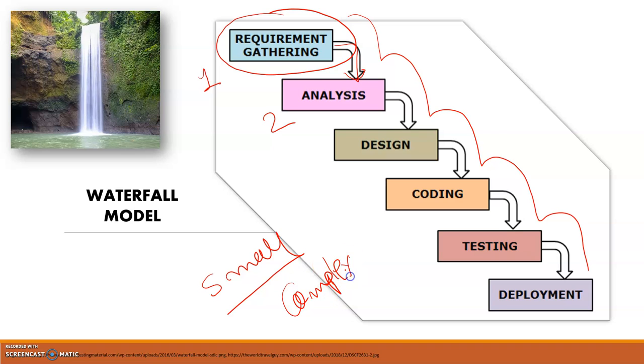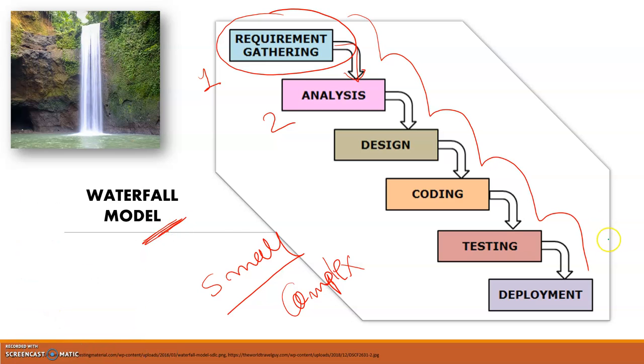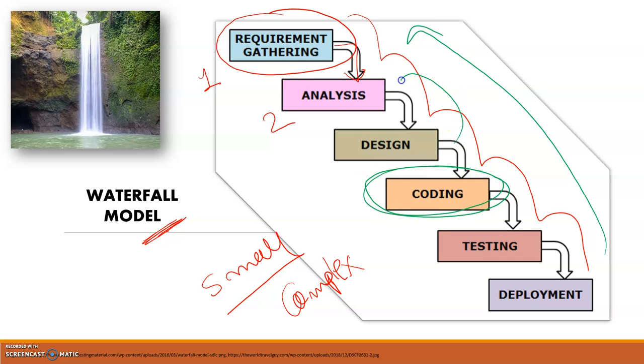The reason is the waterfall model says that you cannot go back, right? Suppose you have reached the coding phase, you cannot go to the analysis phase. In reality it is not really possible.